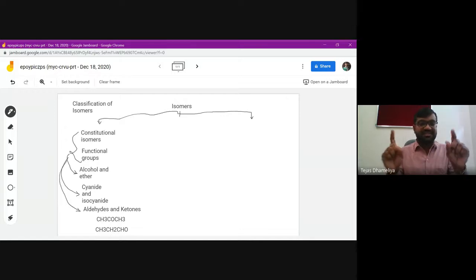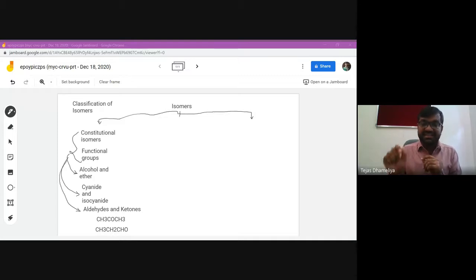Molecules have similar formula and molecular weight, but different chemical structure. The chemical structure of ketone is carbon doubly bonded with oxygen, and in aldehyde the carbon has hydrogen as well. In case of ketone, it may be two alkyl groups. That way, constitutional isomers are known.